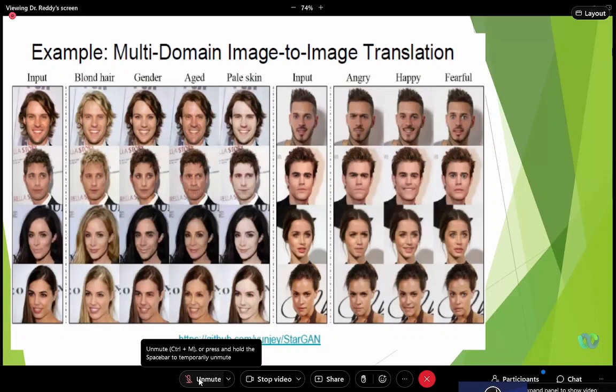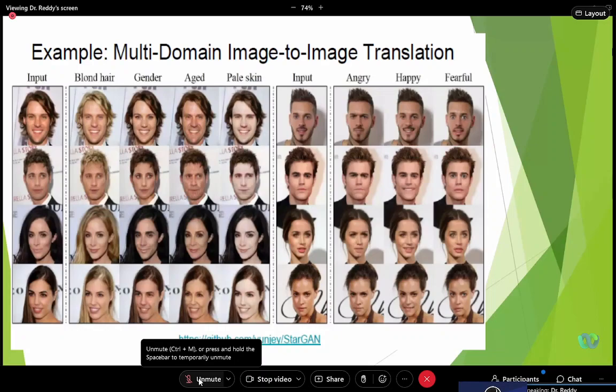Yes, sir. Just one application of this: I give an input image, and I want to see how the person will look after 20 years, or how the emotion can be identified, or how he looks if he changes his appearance from male to female.